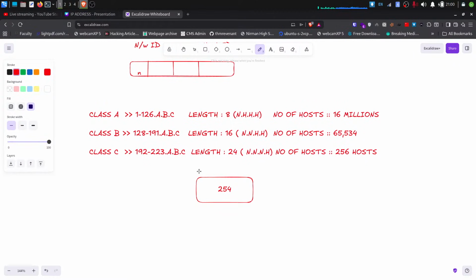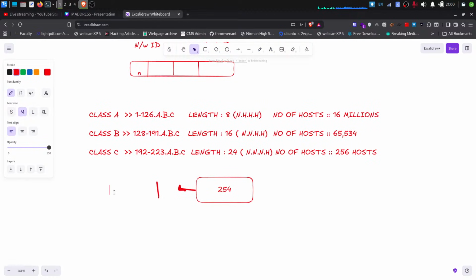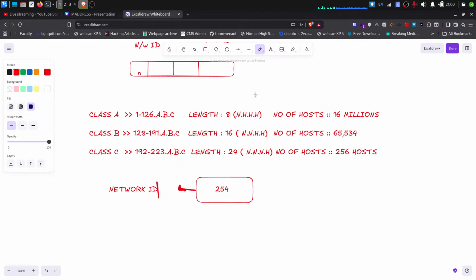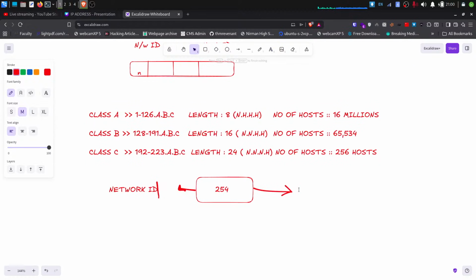The first IP is reserved for the network ID, and the second, the last, is for broadcast.